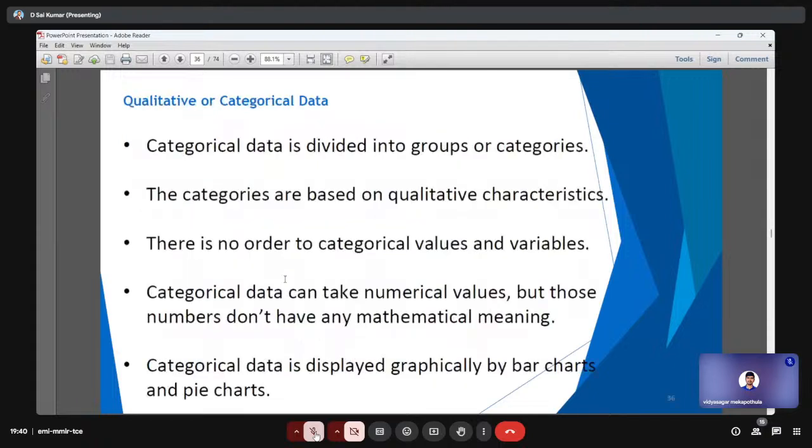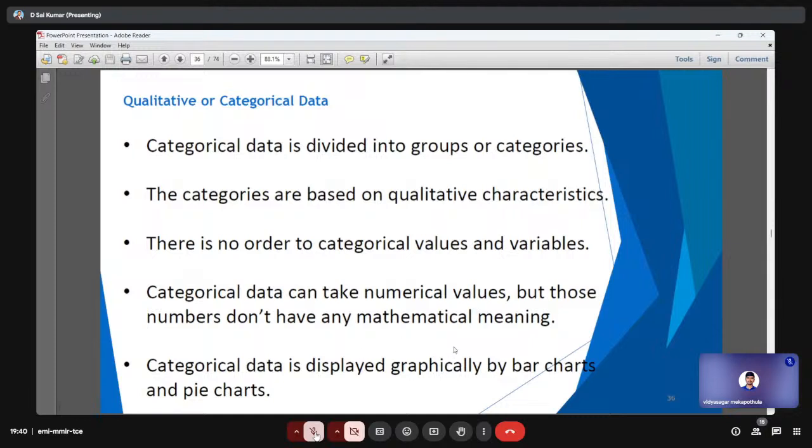And then there is categorical data, which talks about the qualitative characteristics of an object. There is no order for categorical values and categorical variables, and this categorical data can take even numerical values, but those numbers do not have any mathematical meaning.